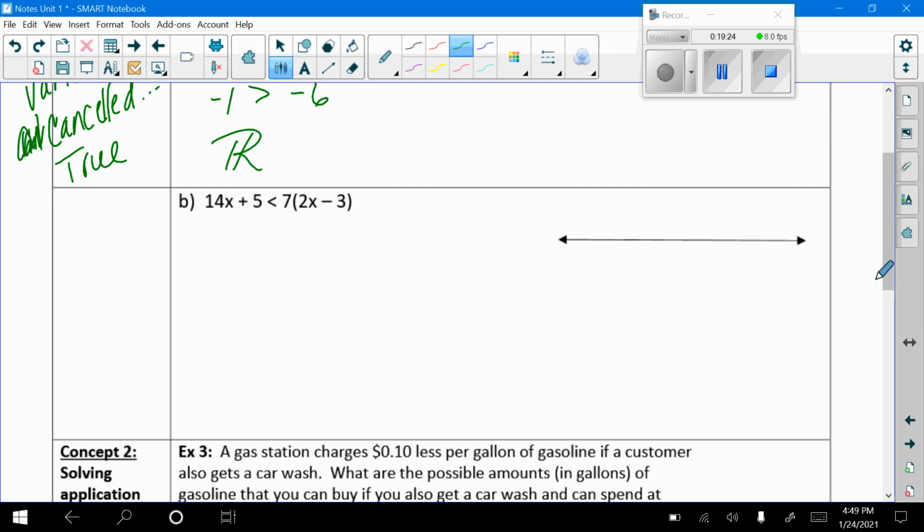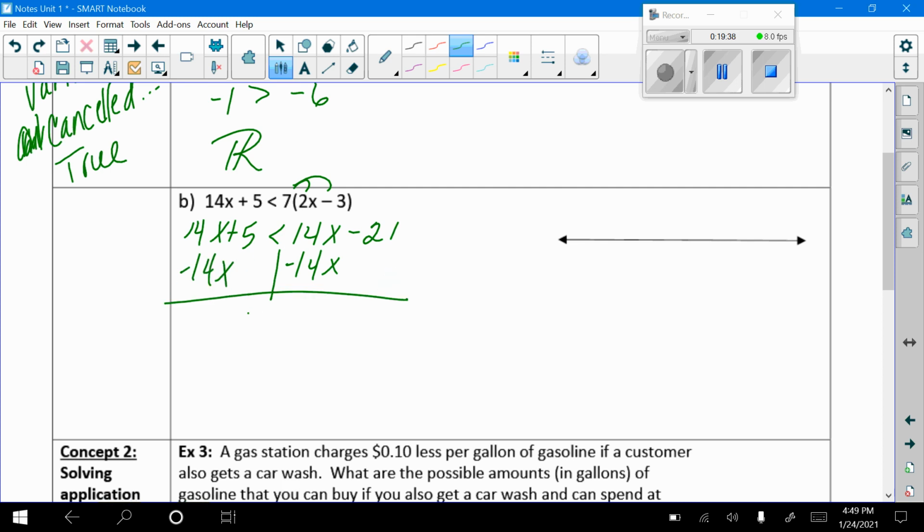The next one, I'm going to distribute. Let me get 14x plus 5 is less than 14x minus 21. When I take away 14x, 5 is less than negative 21. This is a false statement.